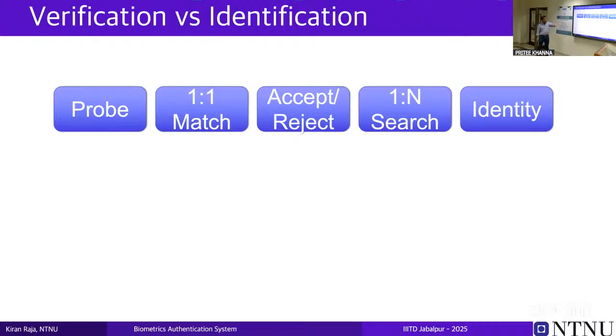Then you have a decision which says accept or reject. In the other scenario, I'm not claiming to be Kiran; I'm just walking in, saying please identify me. Then you search through the N people in the data set, and it's accepted or rejected. Those are the two fundamental differences in any biometric system.